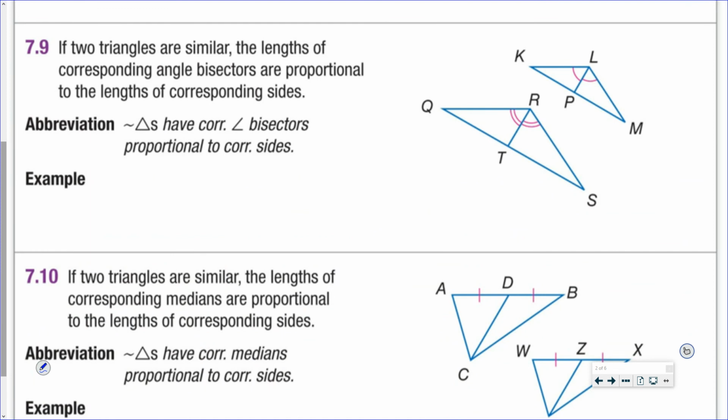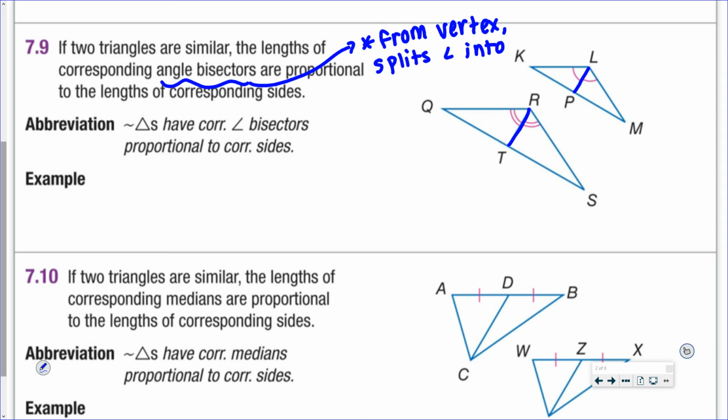So an angle bisector is also from a vertex, splits an angle into two congruent angles. That's what an angle bisector is.